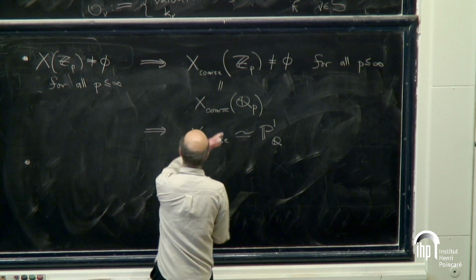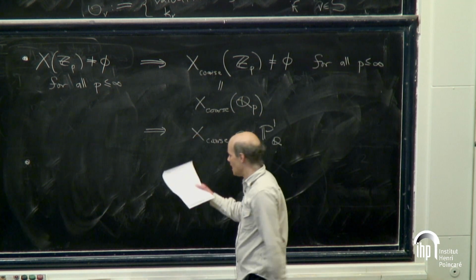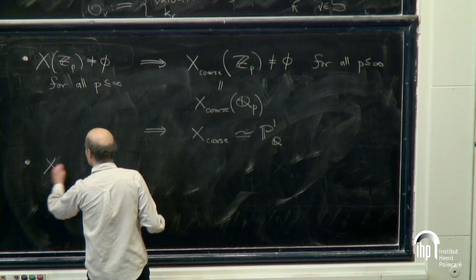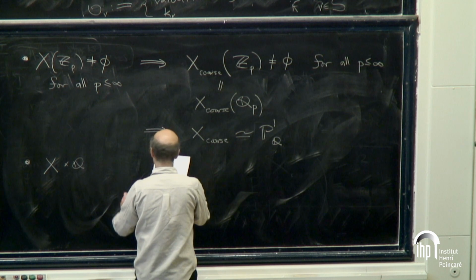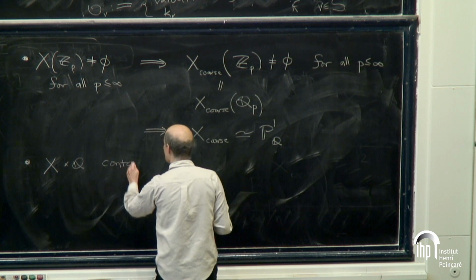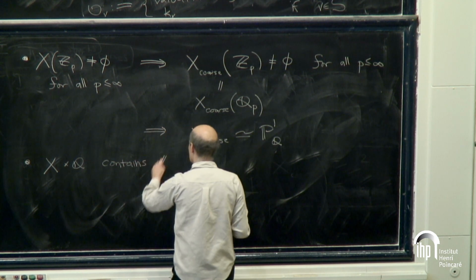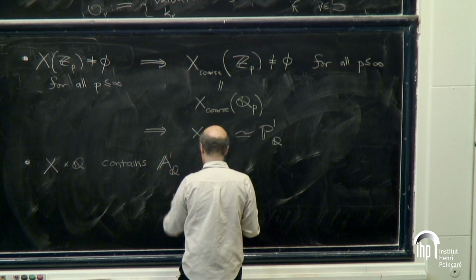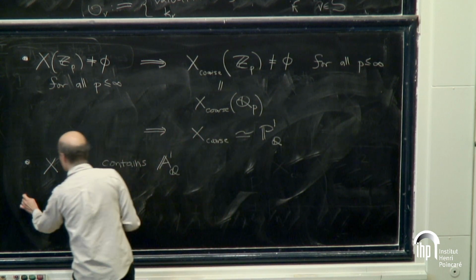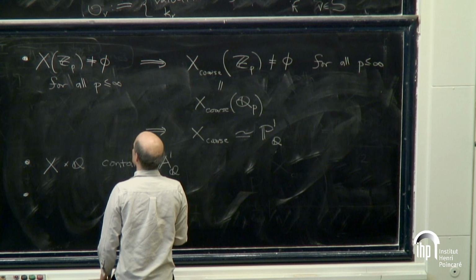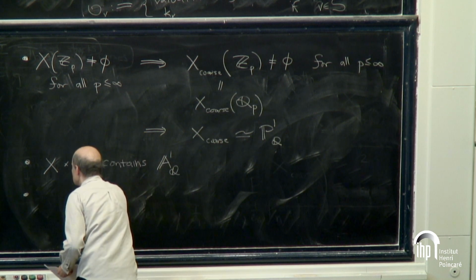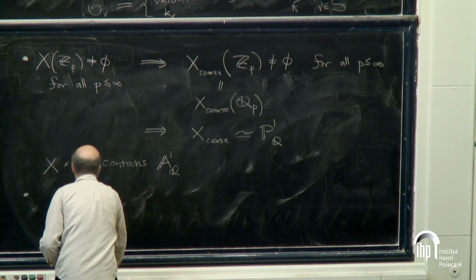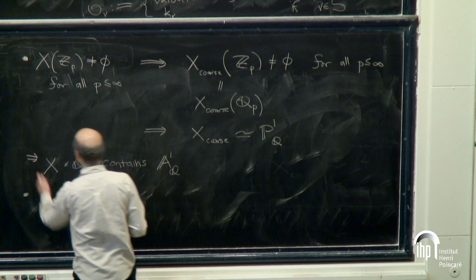So you might as well assume that the stacky point is at infinity. And so that means that this generic fiber contains a copy of A1, at least rationally over Q. Anyway, so this is a consequence.